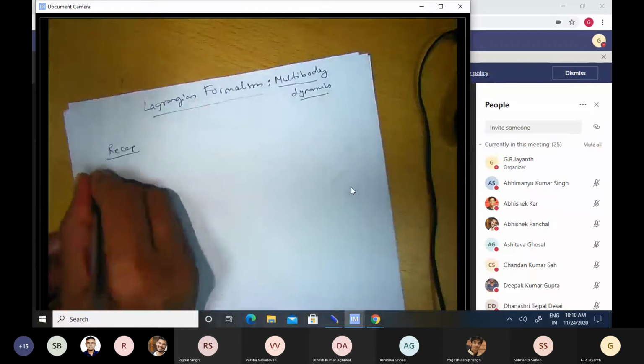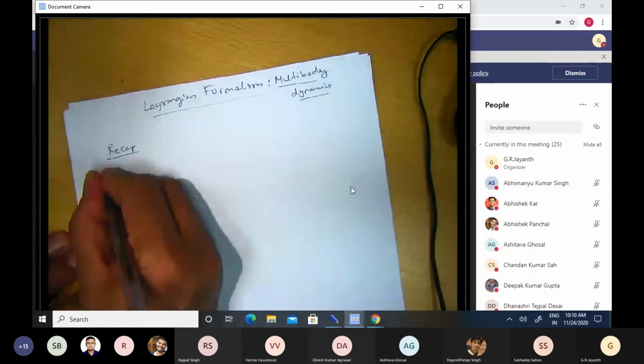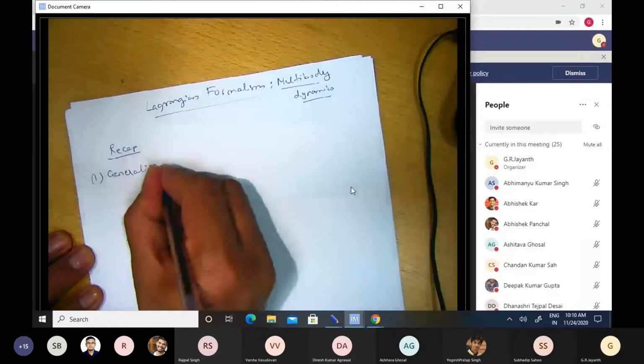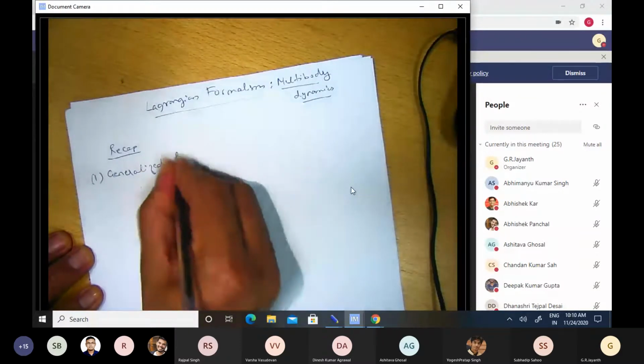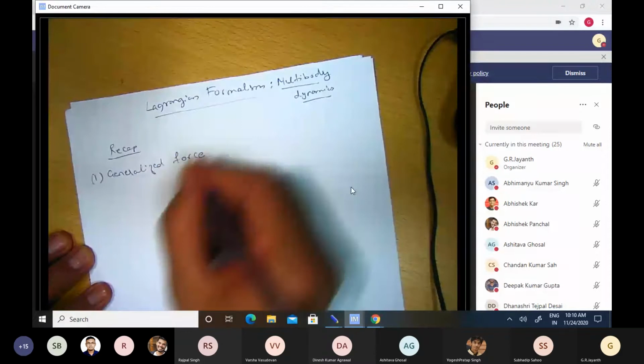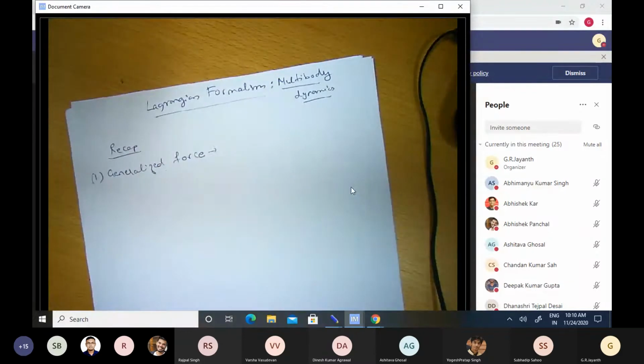First we introduced the notion of a generalized force. The generalized force was based on the notion of virtual work.